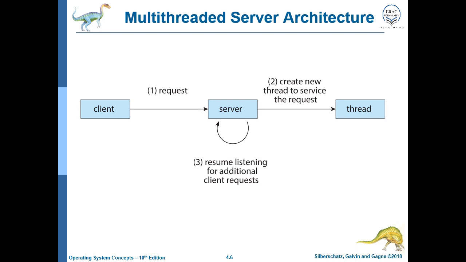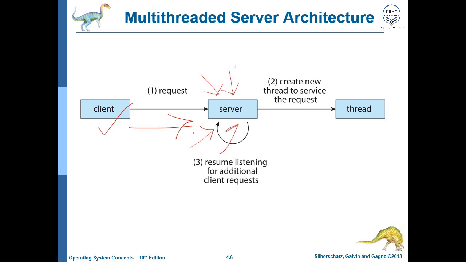Multi-threaded server architecture. You can see in this diagram that the client is requesting some service from the server. If the server is a single threaded process, then what would happen when the server is serving this client and it receives other requests from other clients?